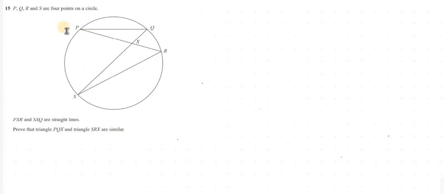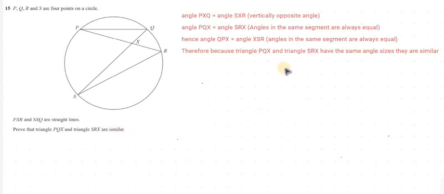Question 15. PQRS are 4 points on a circle. PXR and SXQ are straight lines. Prove that triangle PQX and triangle SRX are similar. Okay, so this is generally a circle theorem question.